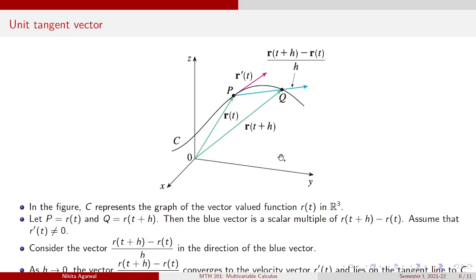Why does that happen? Because if h goes to 0, then r(t plus h) goes to r(t), right? Because t plus h goes to t. So as h goes to 0, this vector (r(t plus h) minus r(t)) by h converges to the velocity vector r prime t, right? That's what we learned from the definition of r prime t. And this lies on the tangent line to C, right? So if you look at the tangent line to C at this point, this is what it is, right?